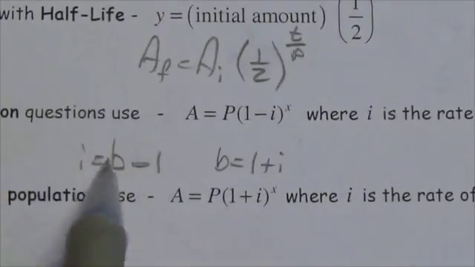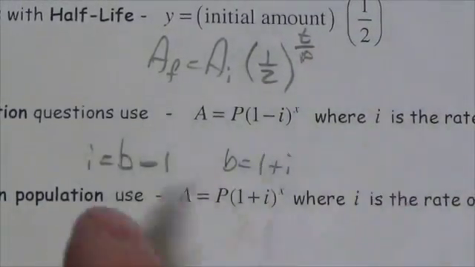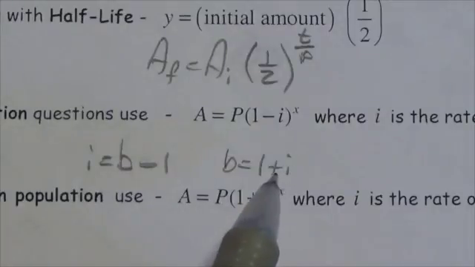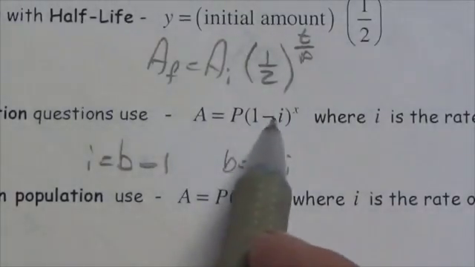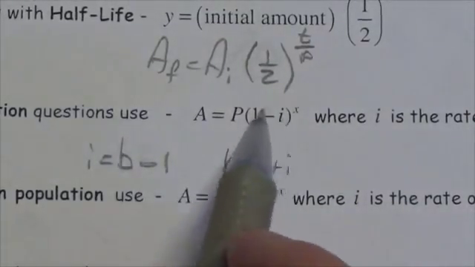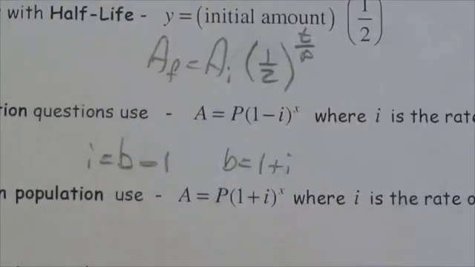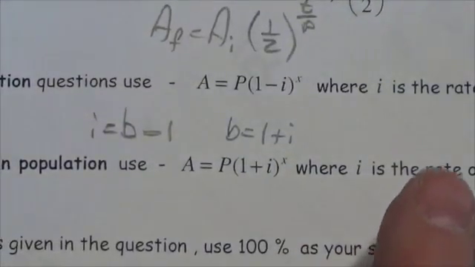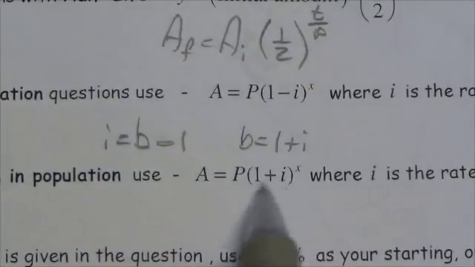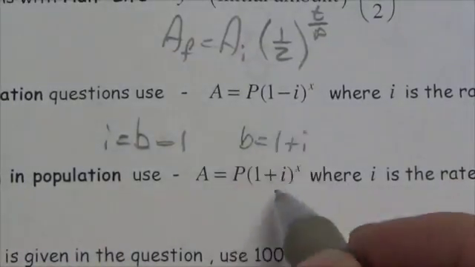Now, remember what happened here. If this was depreciation, then i ended up being negative, which is what this equation here is anticipating. If you've got appreciation, if the population is growing, then the i was going to be positive. But it's basically the same thing.